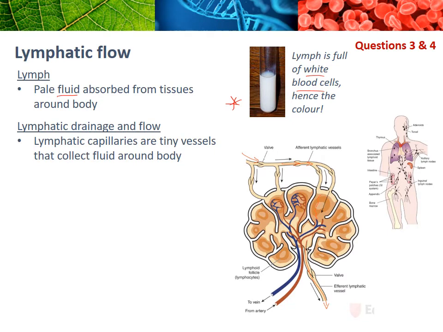You have these tiny, tiny vessels called lymphatic capillaries, and they are found between all the tissue in your body, and they absorb this fluid that's just sitting around in your body. I think an important thing to note is this doesn't only happen when you're sick. Your body is constantly draining and flowing all this fluid to check for illness. So it's not just switched on once you get sick. This is happening all the time.